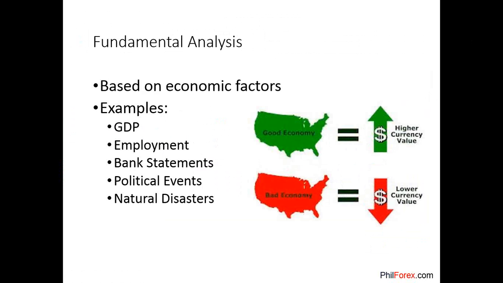All right, so moving on. So that's fundamental analysis. Now what we have to do is check out what's happening with the other countries, specifically the ones that we're trading. The best way to do that is to check out the news.